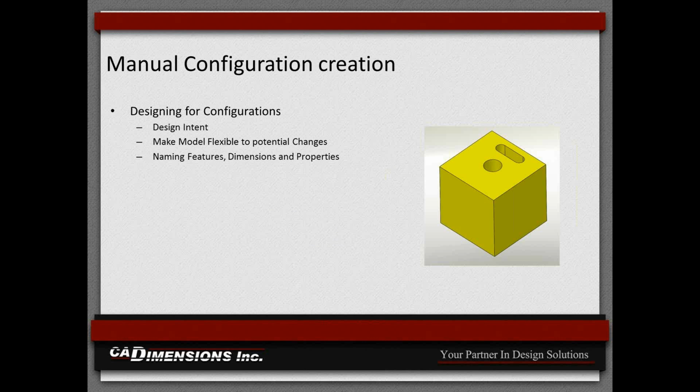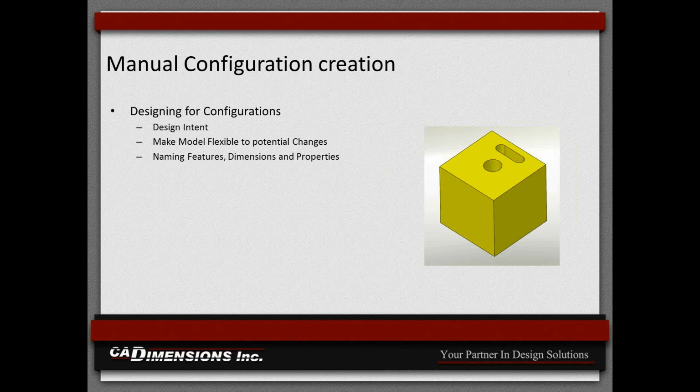Now, the first thing we need to think about when approaching configurations, and now I'm speaking specifically for the manual methods of creating configurations, is how do I create a model in such a way that it's appropriate for me to create variations? And now I'm going to keep the geometry very simple today, just so we can talk concepts and all the pieces here. But you need to be able to design your models so that they're flexible and that they can accept the potential changes.